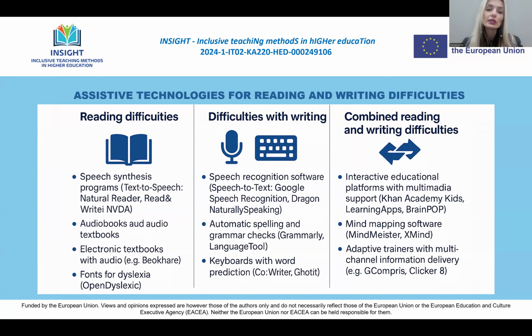It can be audiobooks and audio textbooks. Also, it can be electronic textbooks with audio, and, as an example, Berkshire, a font for dyslexia, OpenDyslexic. Just as an example, when we speak about difficulties with reading, among the most common students with special educational needs.